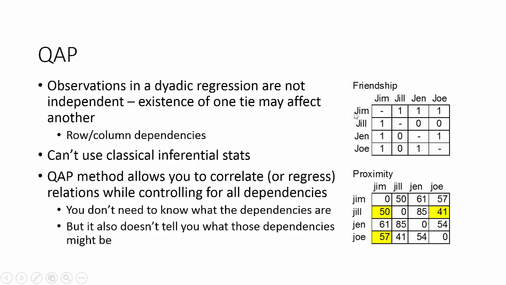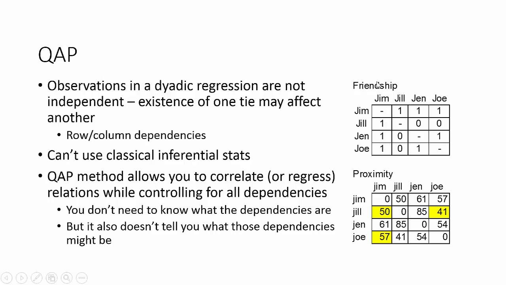Like, Jim here is just a very sort of extroverted, just has a lot of ties. So there's ones all the way across. So the fact that the Jim to Jill tie exists is actually kind of dependent on the Jim to Jen and the Jim to Joe, because they all are part of the Jim factor, and they're not independent.